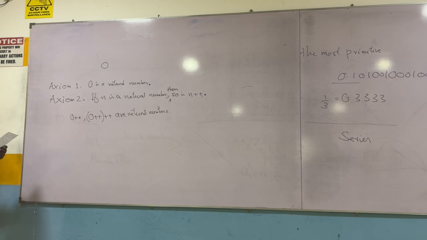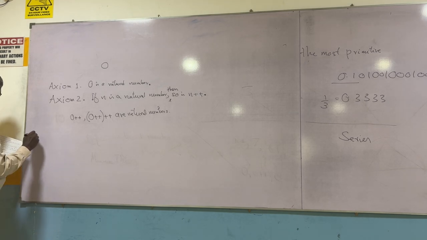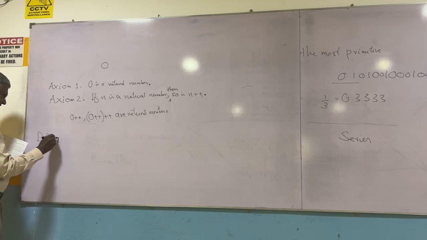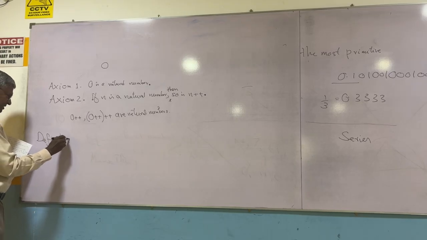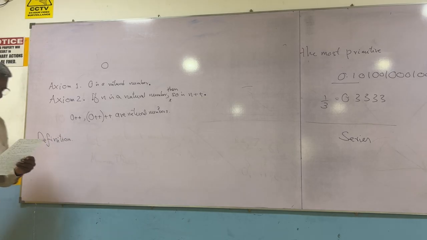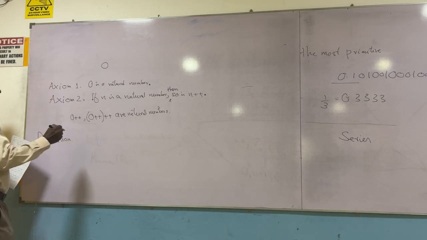Now we are going to get a definition. A definition comes after the agreement. It says meaning, actually. We define 1 to be the number 0 plus plus.